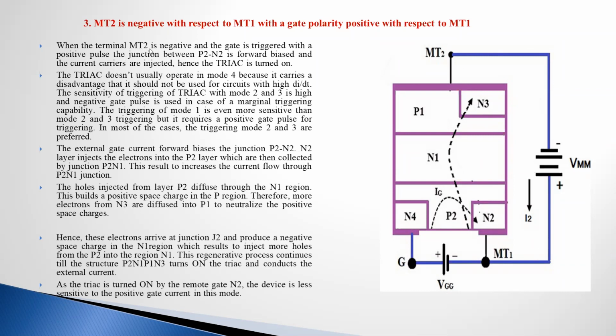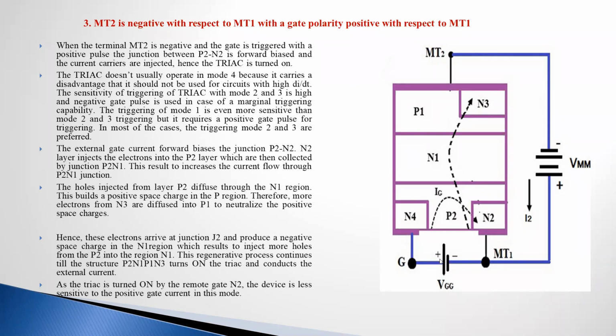When the terminal MT2 is negative and the gate is triggered with a positive pulse, the junction P2N2 is forward biased and the current carriers are injected like these dotted lines. Clear? Hence the triac is turned on, same as in the mode 1 operation.